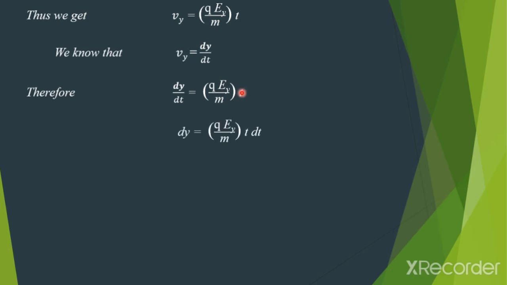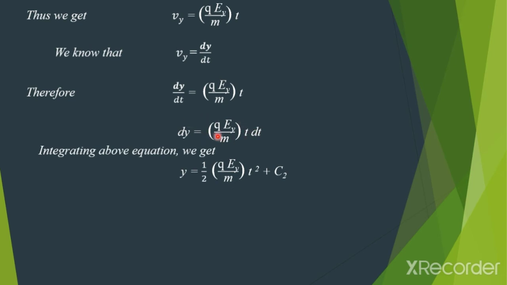Rewriting, dy is equal to Q Ey divided by m into t dt. Integrating this equation, we get y equals half Q Ey divided by m into t square plus c2.